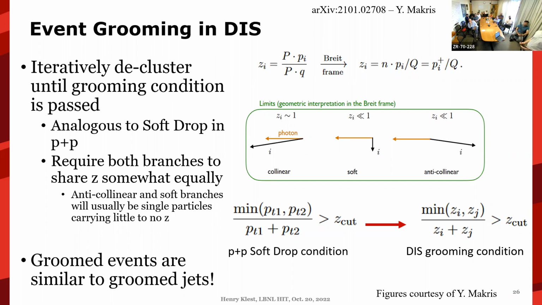And that removes everything that has small z, which is this soft radiation and radiation that's anti-collinear to the virtual photon. You end up with groomed events that are analogous to groomed jets, because you've removed the stuff in the DIS event that is not jet-like.